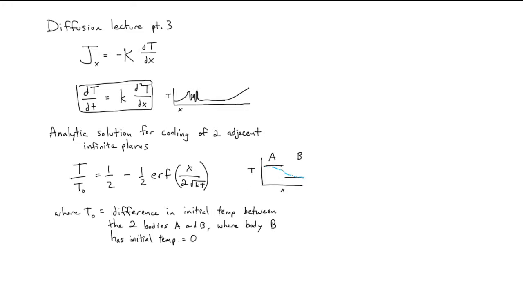This equation works out easier if we just call this 0. T naught is going to be this difference in temperature here. It doesn't have to be; you can solve this and then scale it. This applies to cases where body B isn't at 0, but it's simpler to think about it when the temperature of body B is 0.